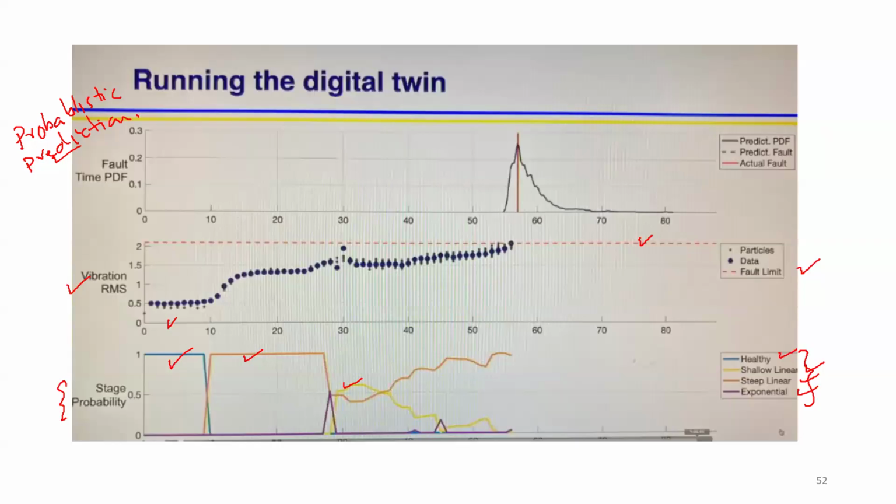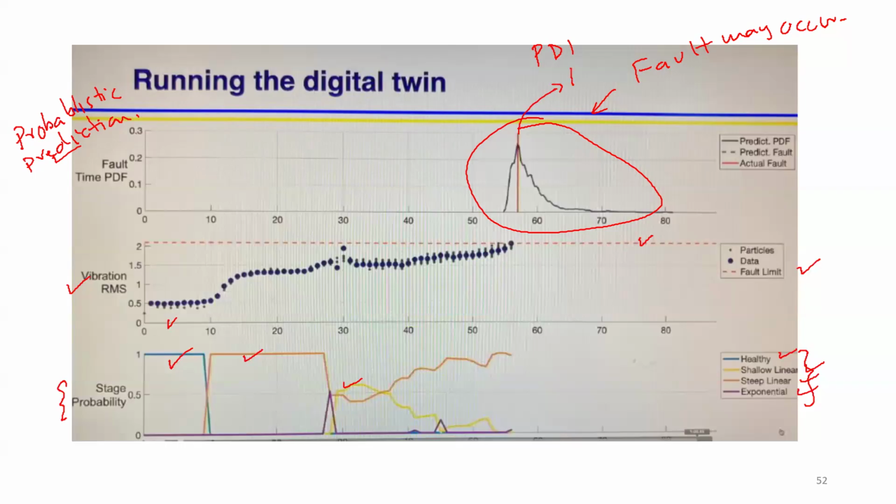Here we see the fault probability density function, and it shows the region in which the fault may possibly occur. And this red line is when the fault actually occurs, the actual fault.